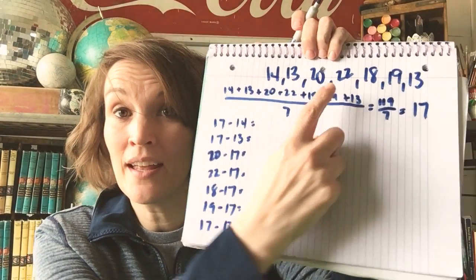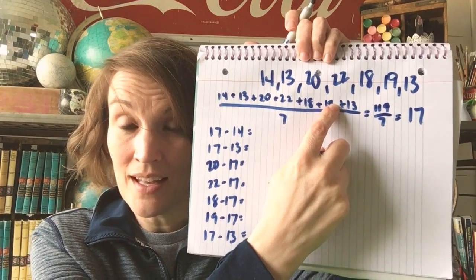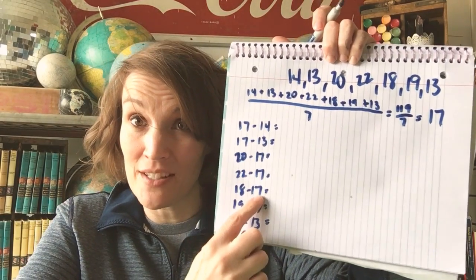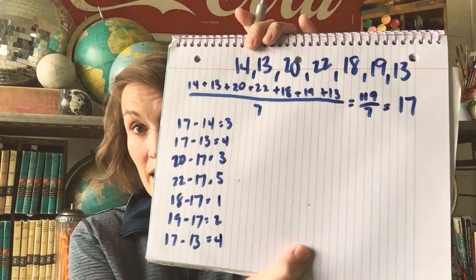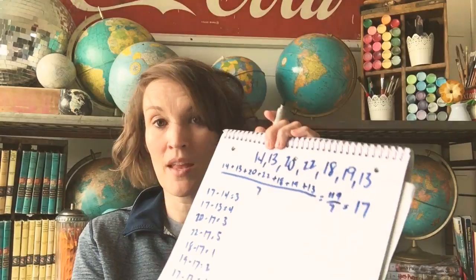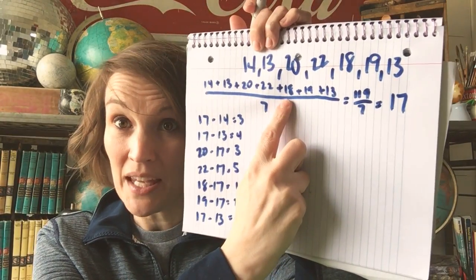So step 1, find the mean. Step 2, find the difference between each data set and the mean. So let's do that subtraction. We got 3, 4, 3, 5, 1, 2, 4. Okay, so that's what I get when I find the differences. So step 1, find the mean.